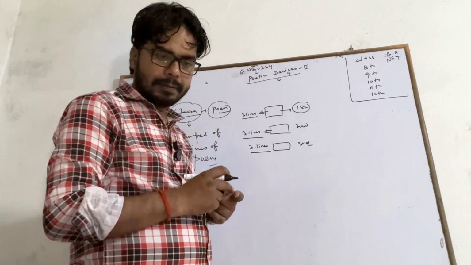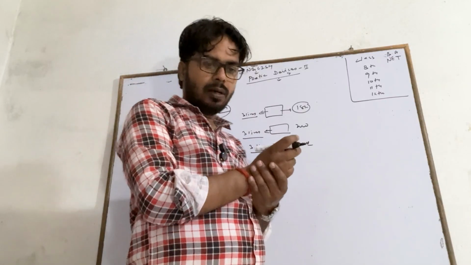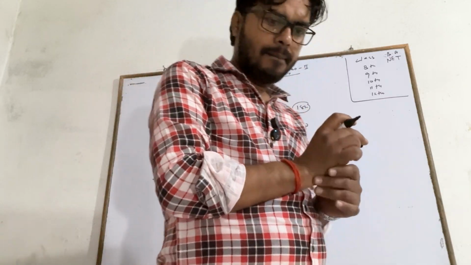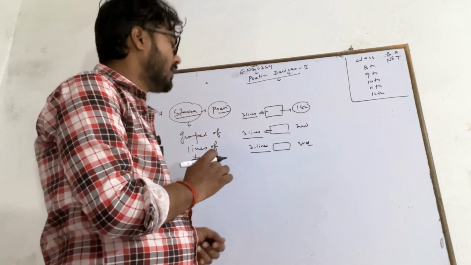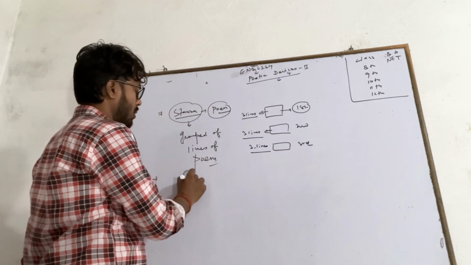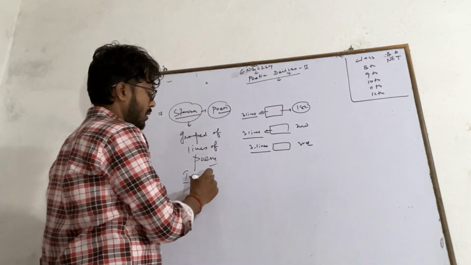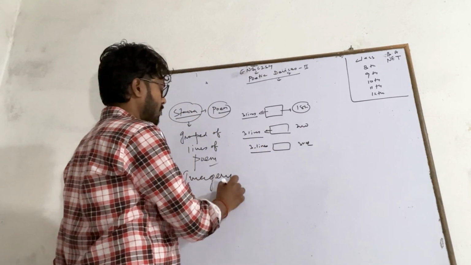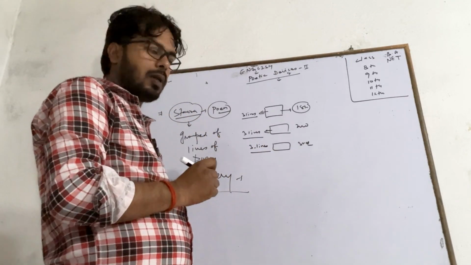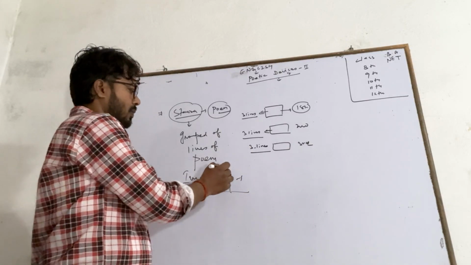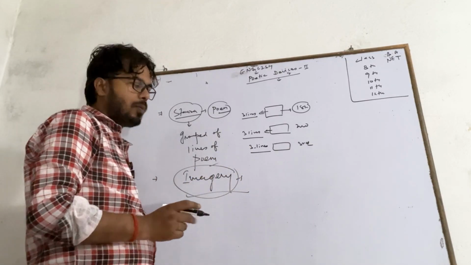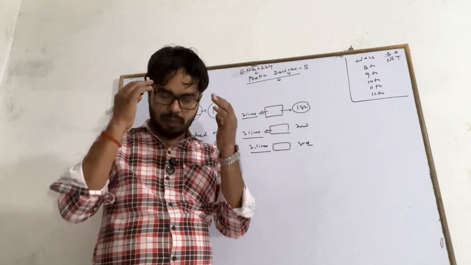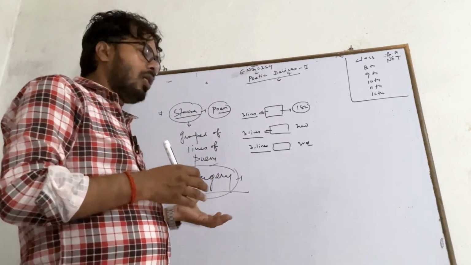And after that, imagery. When we read a poem, some lines of the poem make an image-like impression on our mind.